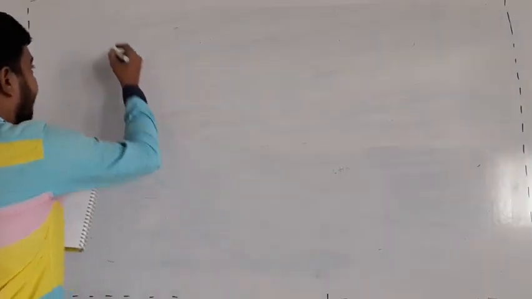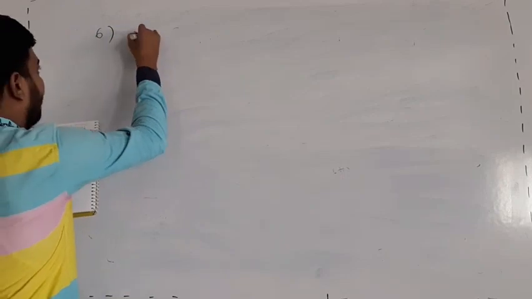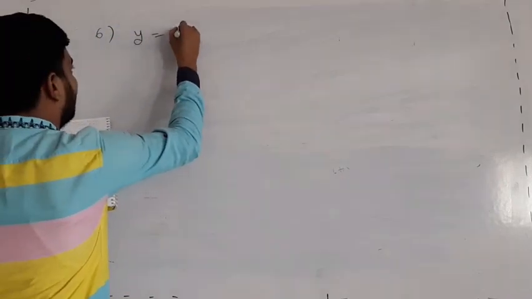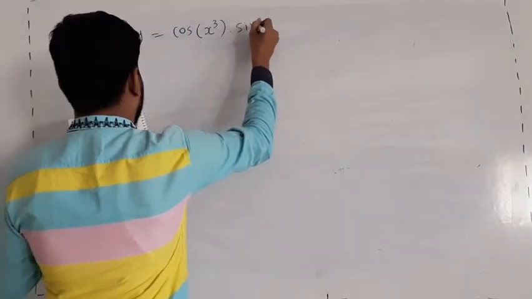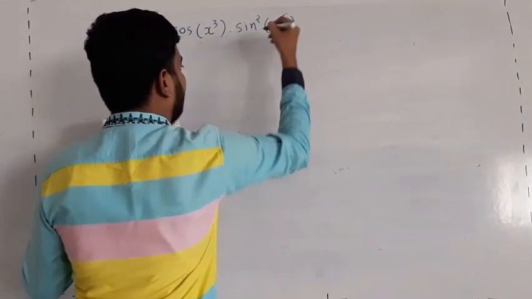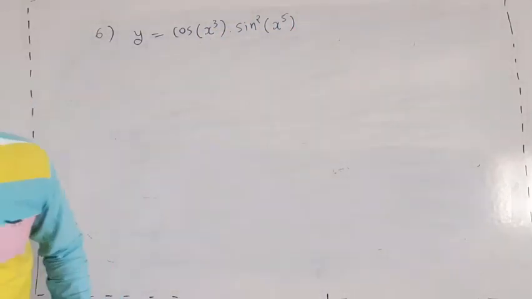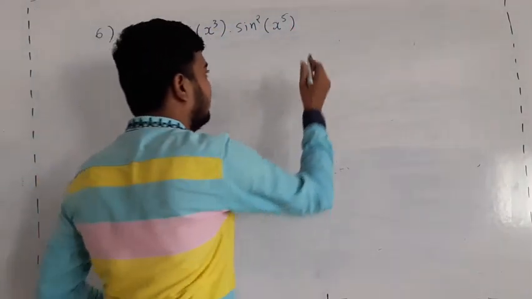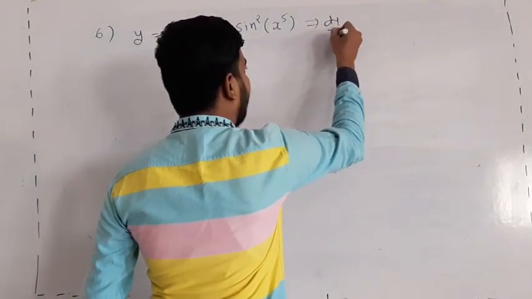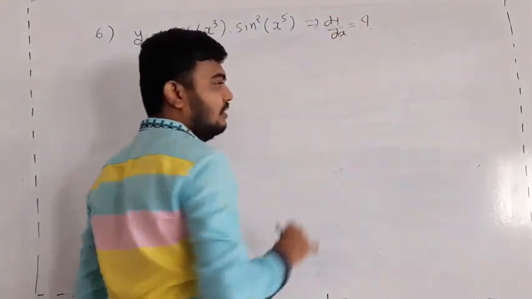So example number 6: y is equal to cos of x cube into sine square of x raised to 5, and find dy by dx. Okay.